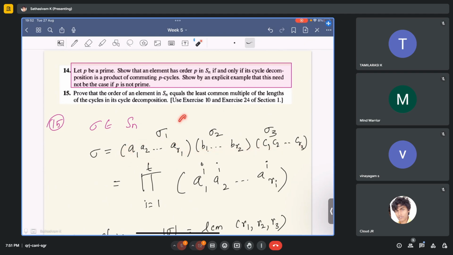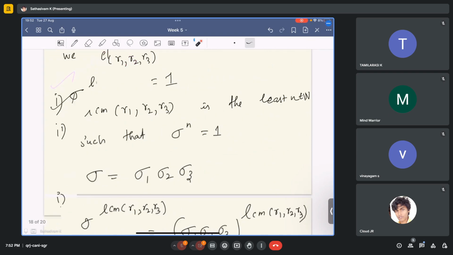If you take A1, these things do not do anything to this A1. If you take sigma of AI, any AI you take, this is nothing but sigma 1 of AI. If sigma power n of AI is equal to AI, that is what it means by identity, right? So this one also has to be AI. So these things also have to be identity.